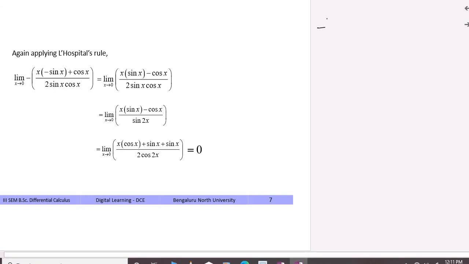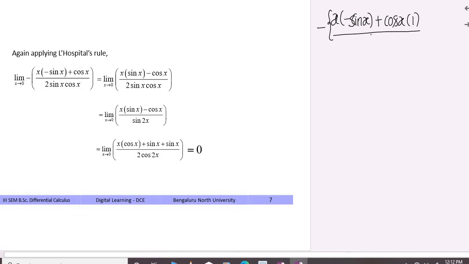Minus keep aside. You are going to use the UV rule to differentiate the numerator. X into sin x differentiate, cos x is there. Cos x differentiation is minus sin x plus cos x into x differentiation is 1.